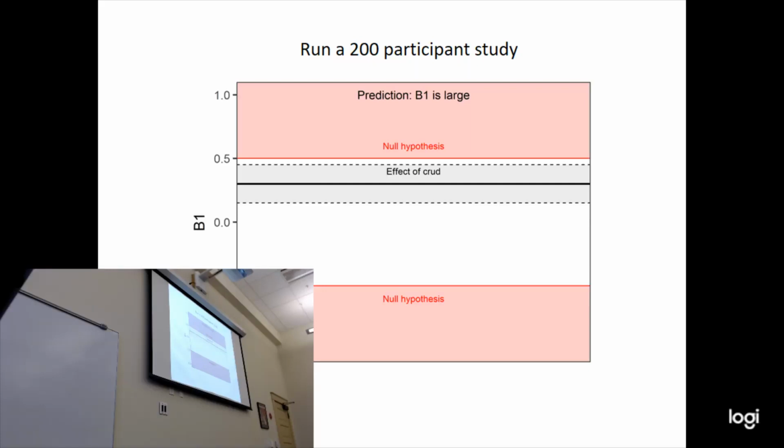This is an equivalence test. We've talked about this before. So I'm setting the smallest effect that's substantively interesting to me, and I'm trying to reject the hypothesis that my effect is above that threshold. If I do reject it, I say that my effect is small and theoretically uninteresting.